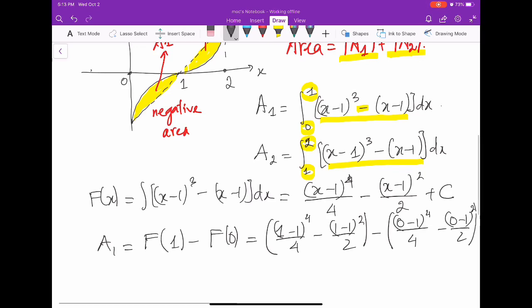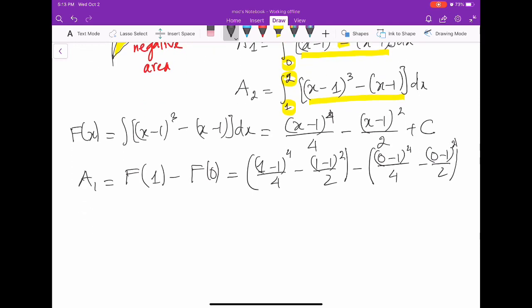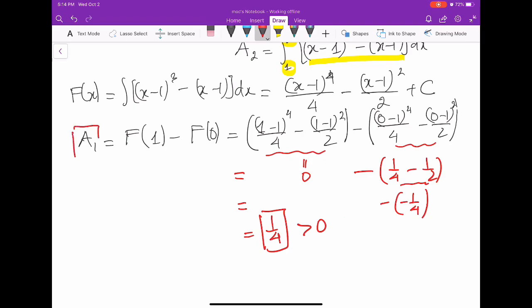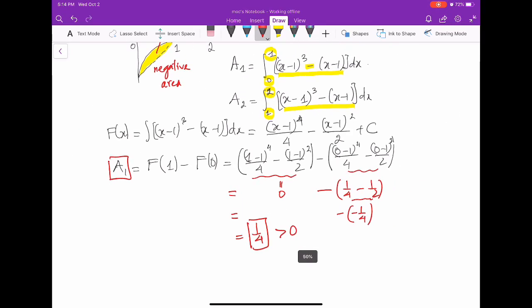Okay, so this first part is just 0, and the second is equal to 1/4 minus 1/2, and then minus in here. So you see, this guy is just negative 1/4, and then minus negative 1/4 gives positive 1/4. That's okay. A1 is 1/4.